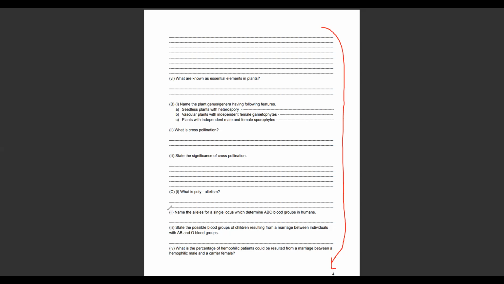Polyallelism: presence of multiple alleles for a single genetic locus, a phenomenon where certain traits are determined by the combination of more than two types of alleles. Give 1 mark. Right?